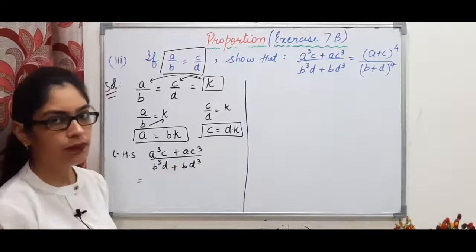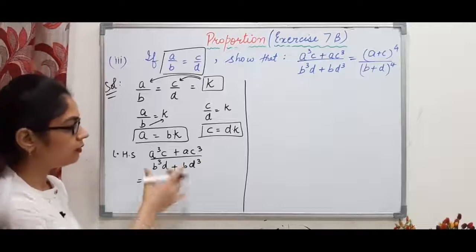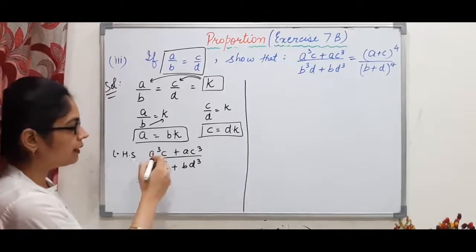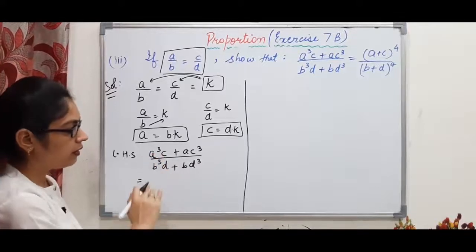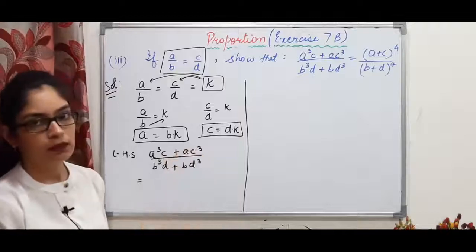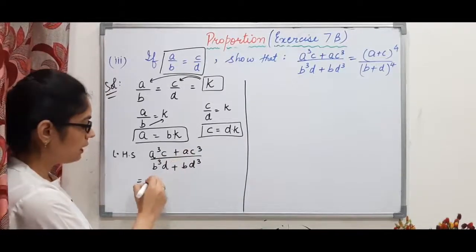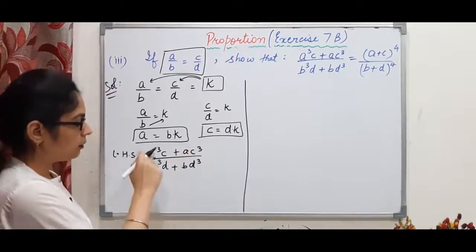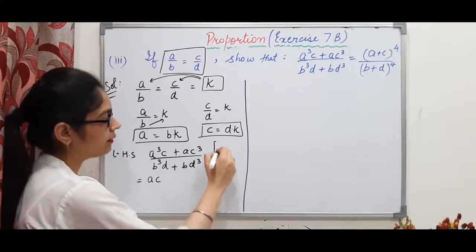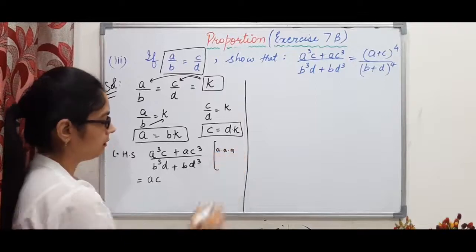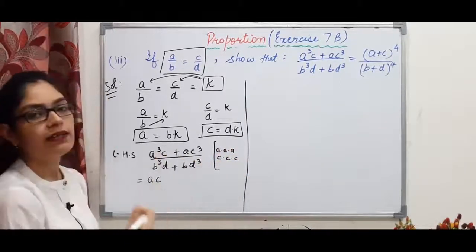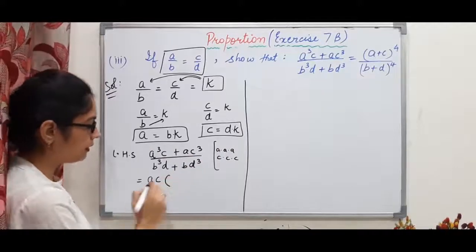Just try to do this question along with me, so that you can experience how to solve it. First we can make it simple, because AC is common, so we can write AC outside. A cube means A into A into A, C cube means C into C into C. So AC is there in both, I will take it out.